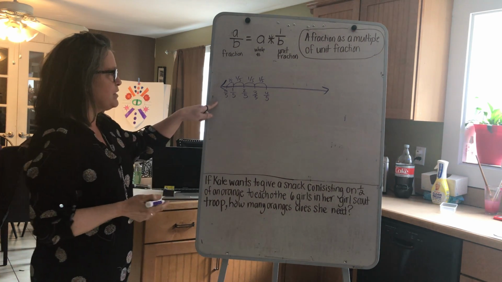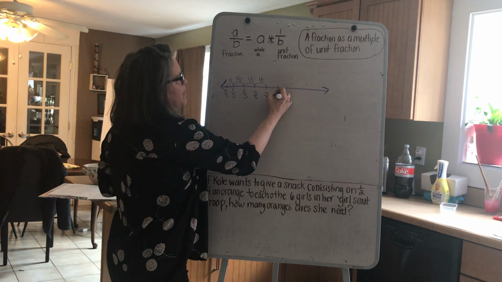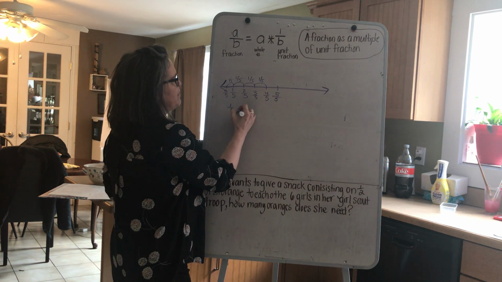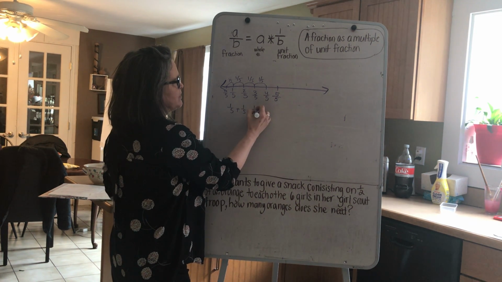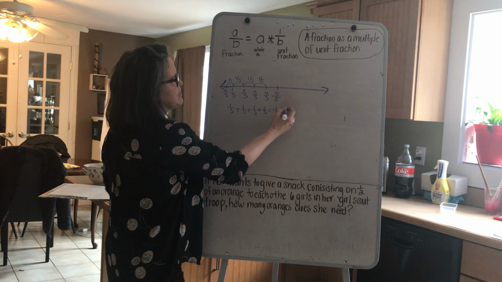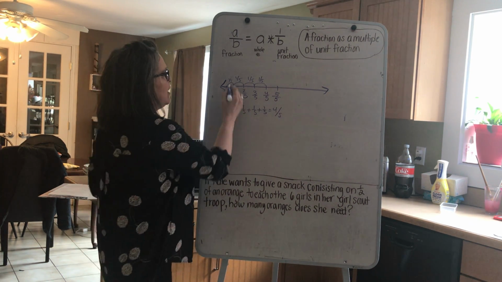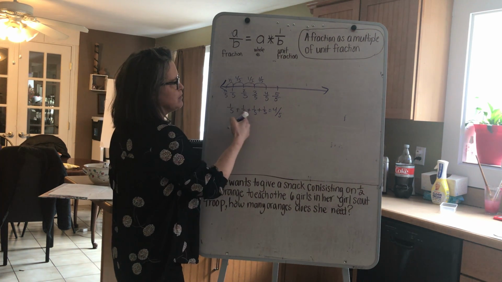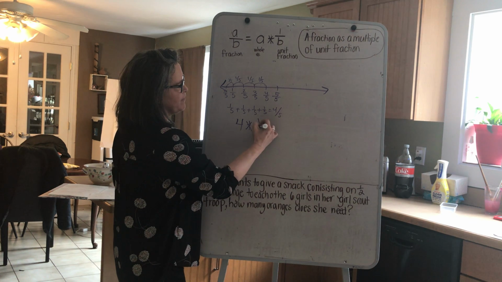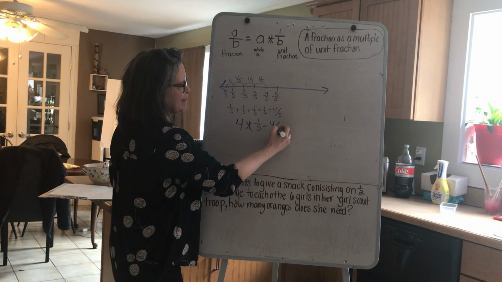If they showed you a picture that looked like this, and they're asking you to write an addition sentence, you're going to just show 1/5 plus 1/5 plus 1/5 plus 1/5 equals 4/5. And again, multiplication, 1, 2, 3, 4. All makes sense. 4 wholes times 1/5. I think that about covers it.